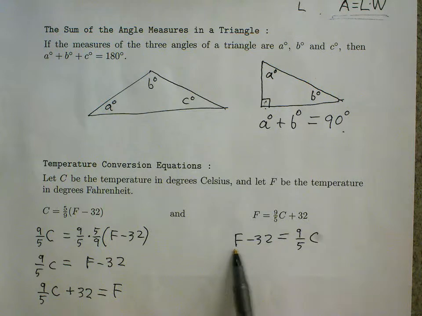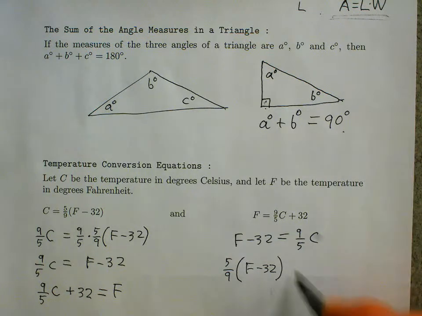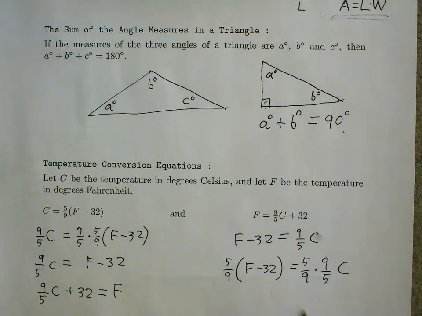So make sure you're careful. The left-hand side is a binomial. You have to multiply every term by 5/9. So we can multiply 5/9 times the quantity F minus 32, and then 5/9 times 9/5 times C. And a non-zero number multiplied by its reciprocal is 1.